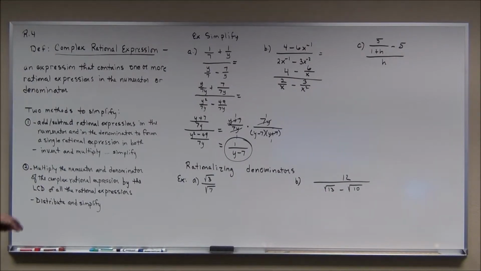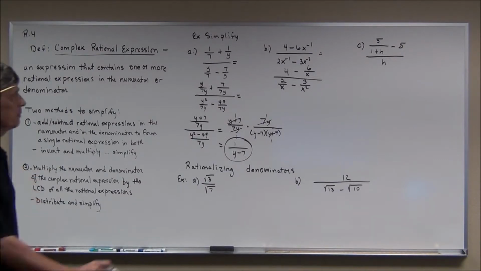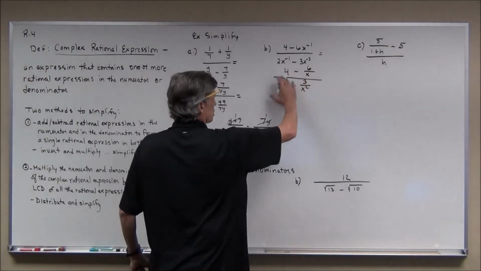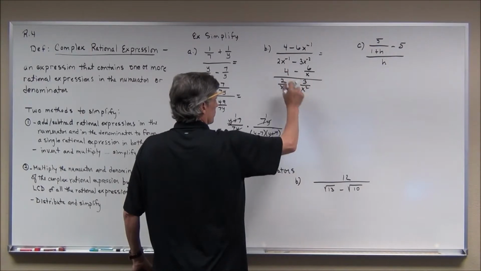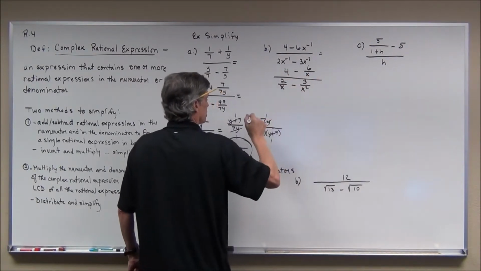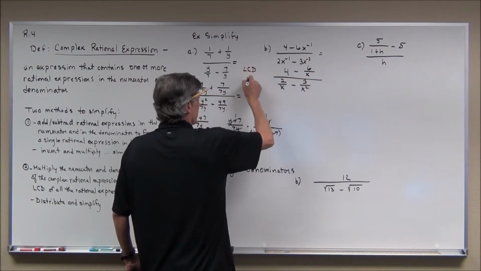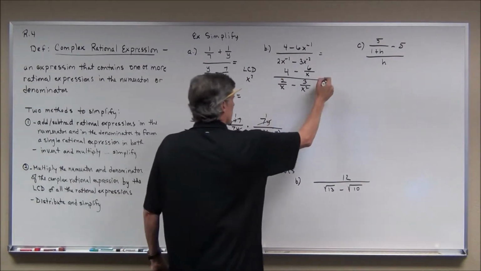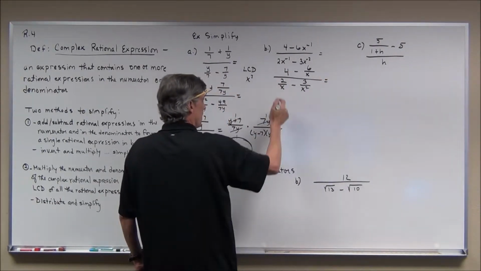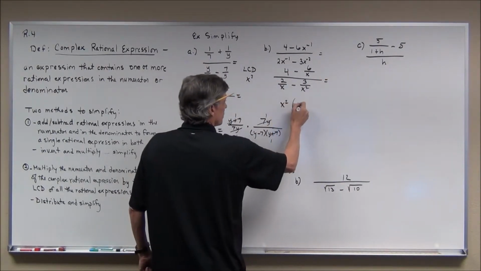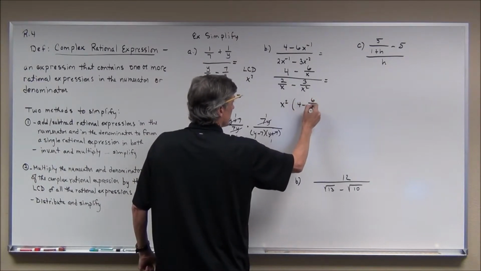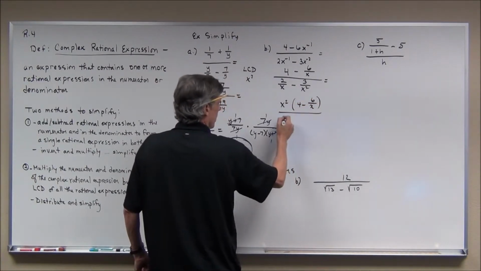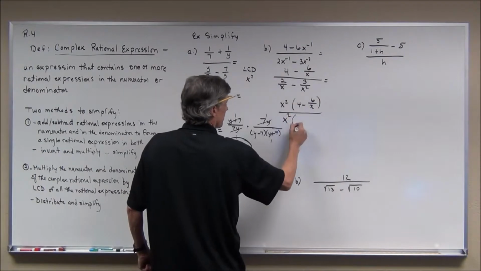And now I'm going to find the least common denominator of all these rational expressions within this. Now this denominator is 1, this is x, this is x, this is x squared. My LCD is going to be x squared. I am going to multiply the numerator and the denominator by x squared: x squared times the numerator all over x squared times the denominator.